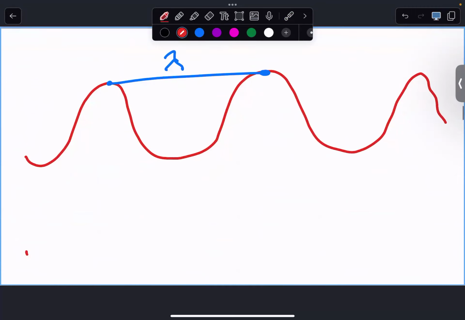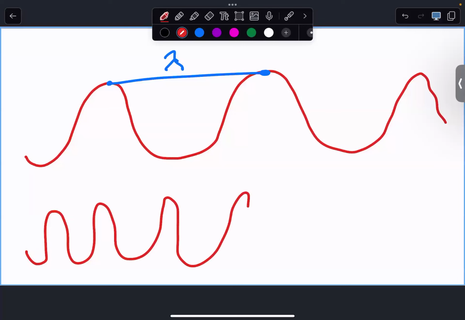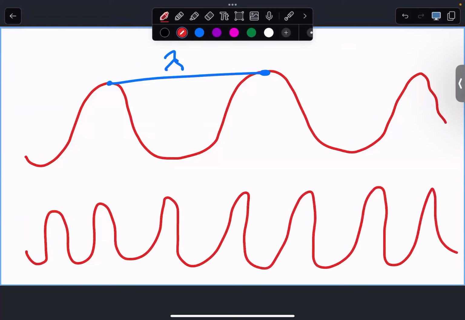Let's compare that to this. The top one has a higher wavelength, and the bottom one has a lower wavelength.